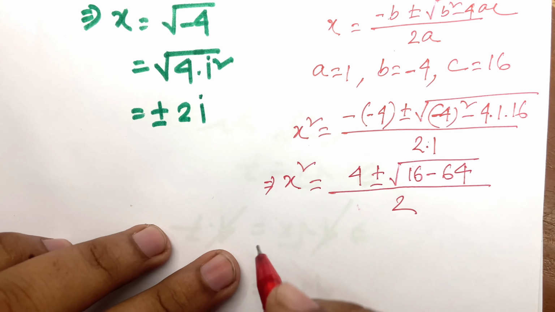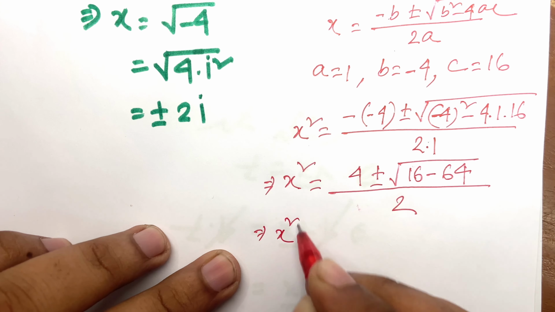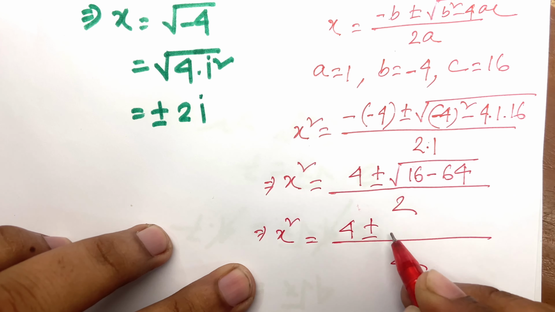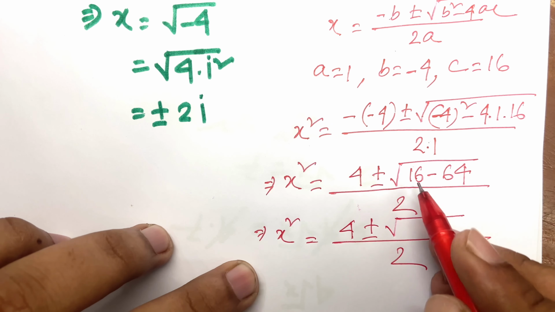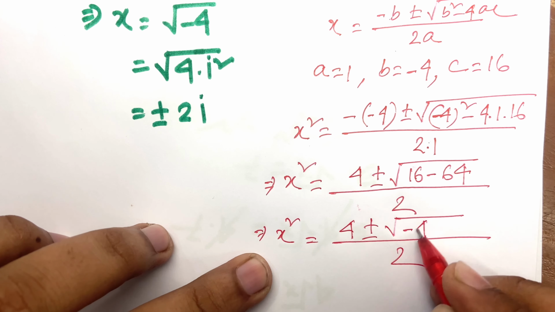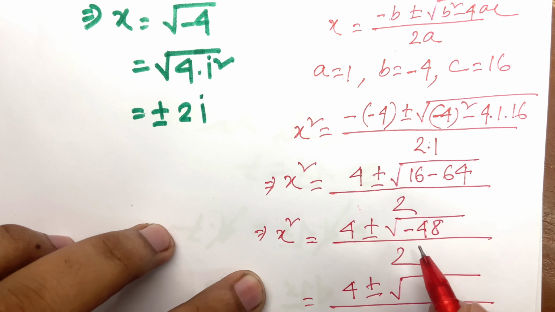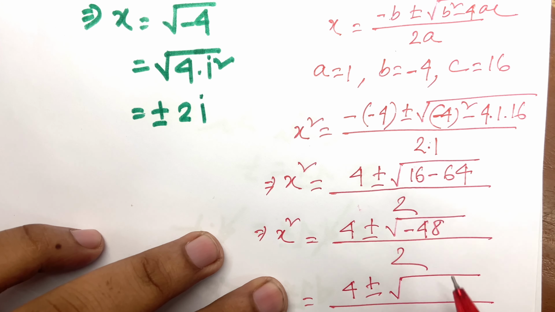Now x square equal to 4 plus minus root over 64 minus 16, which is minus 48, over 2. Now I can say root over 48 times i square.